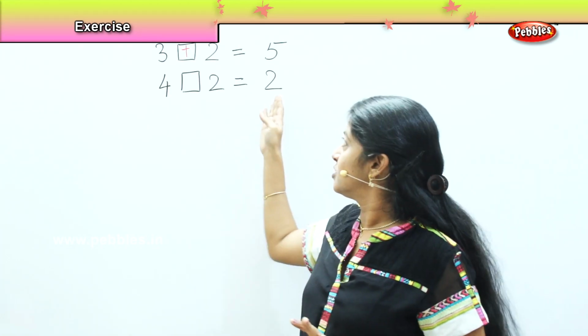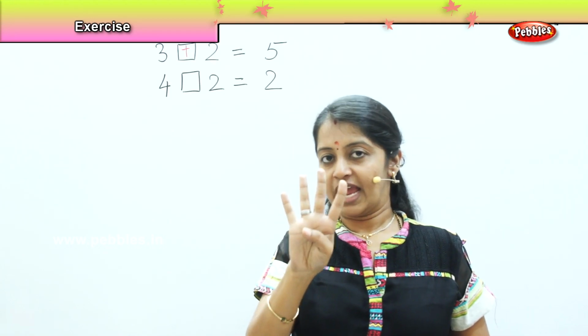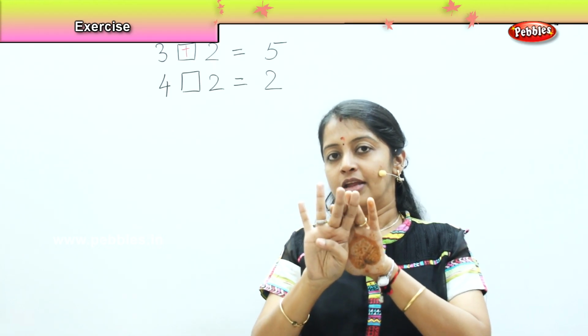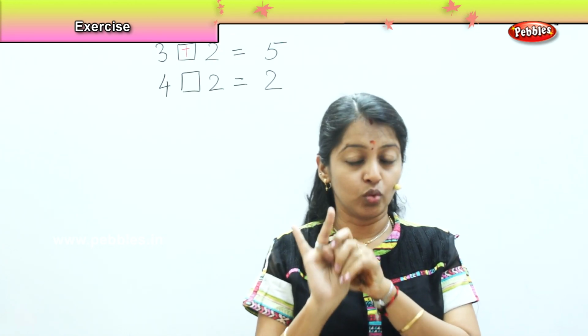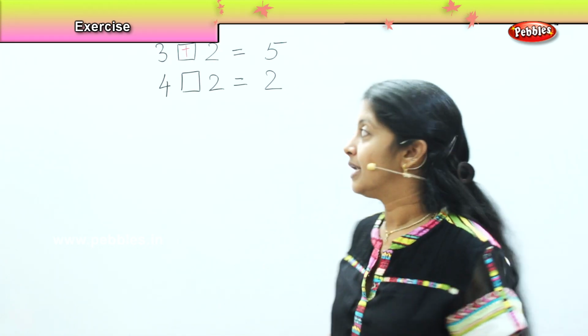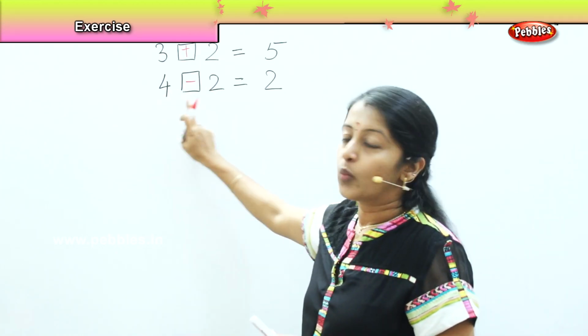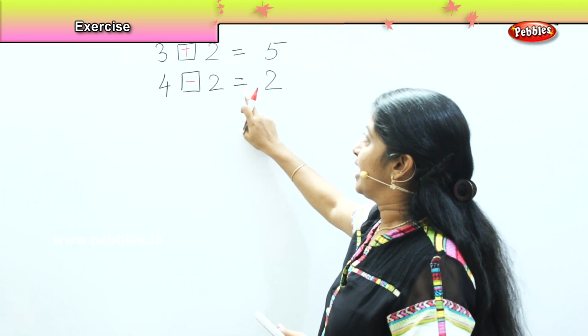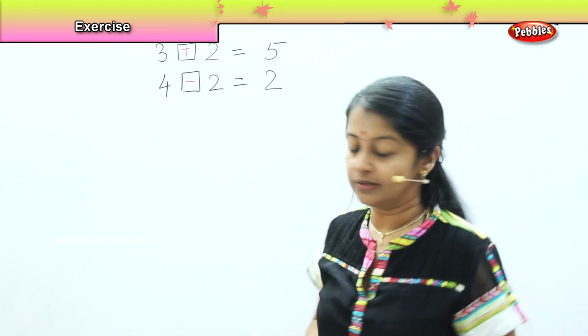It is given as 2, which means that if I have 4 in my hand and I reduce 2, what is the balance left? 2. So, here I need to put a minus symbol. So, 4 when reduced by 2 will give me the answer 2. Shall we try with the next question?